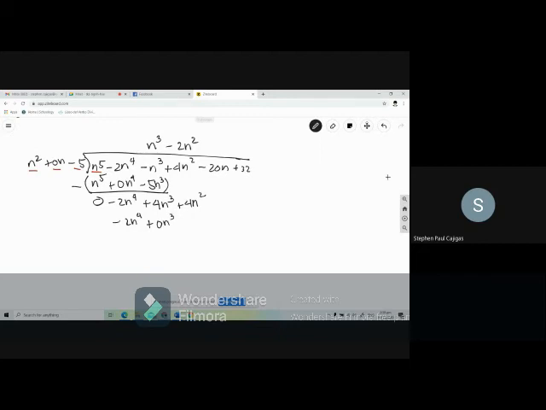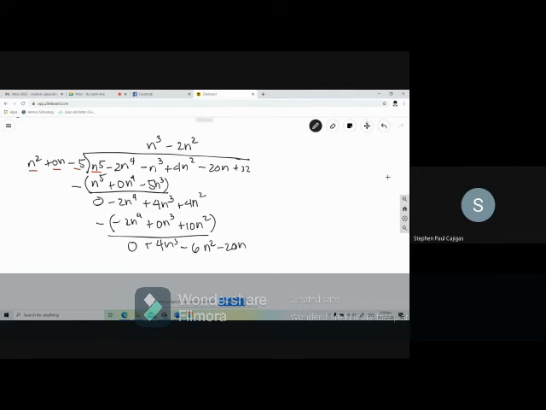Negative 2n squared times minus 5 becomes positive 10n squared. And then subtract the whole thing. So it becomes 0, 4 minus 0, so plus 4 again. 4 minus 10, so it becomes negative 6n squared. Then we bring down minus 20n.